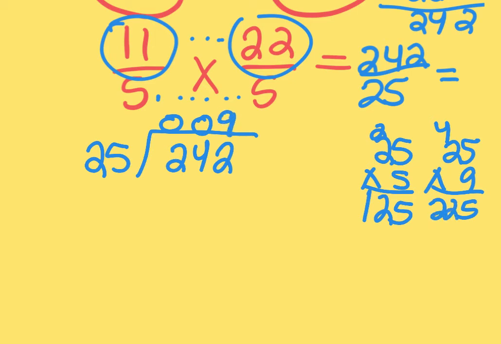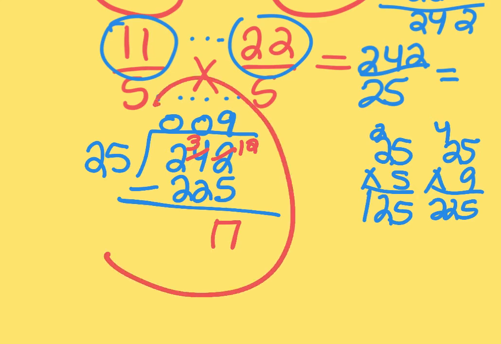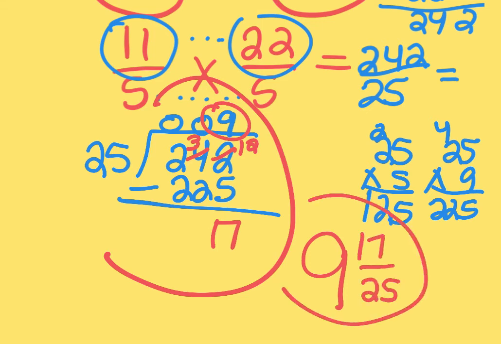So it'll go 9 times. 25 is 225. I subtract, that becomes a 12, that becomes a 3. 12 minus 5 is 7, 3 minus 2 is 1. So my final answer is 9 whole times 17 left over 25.